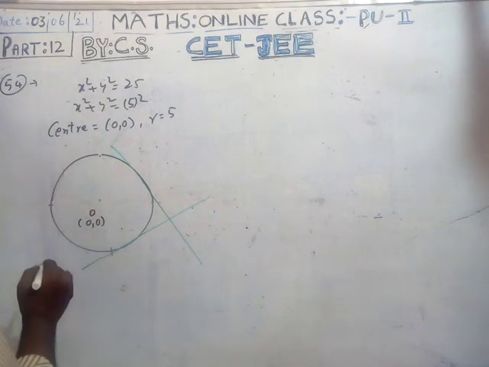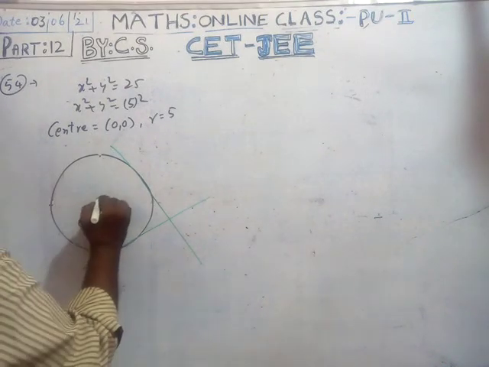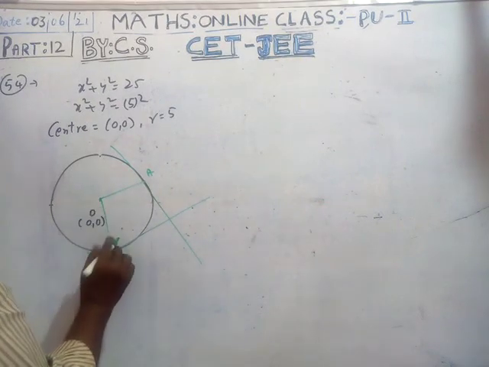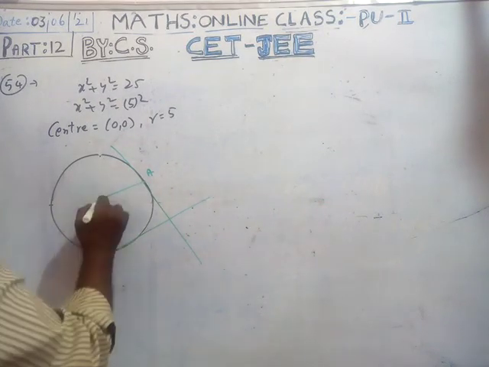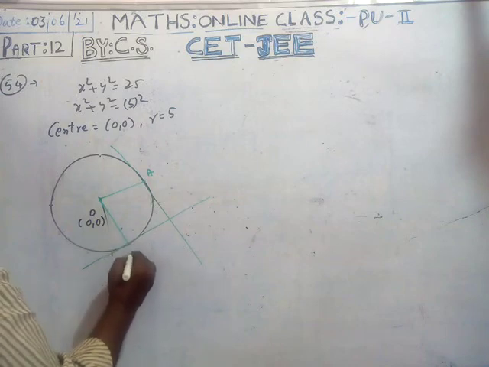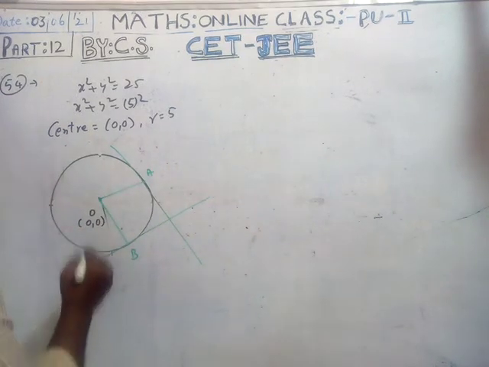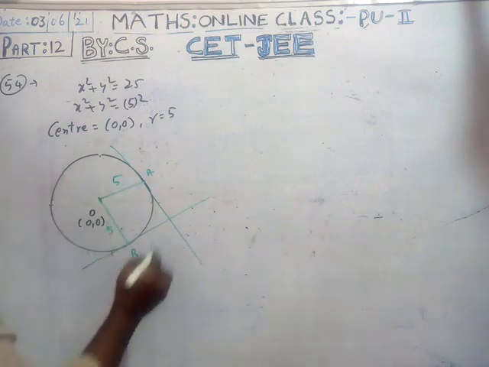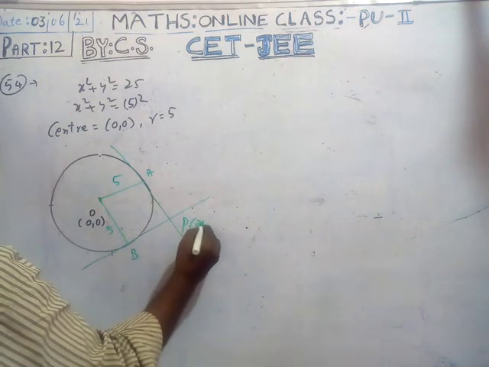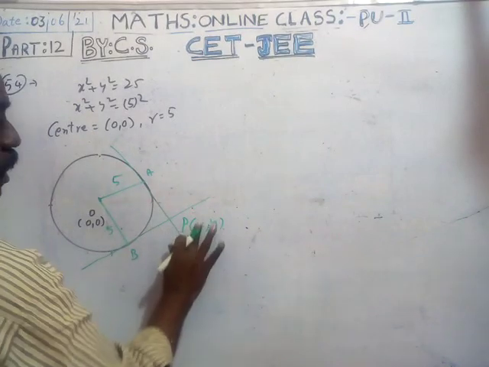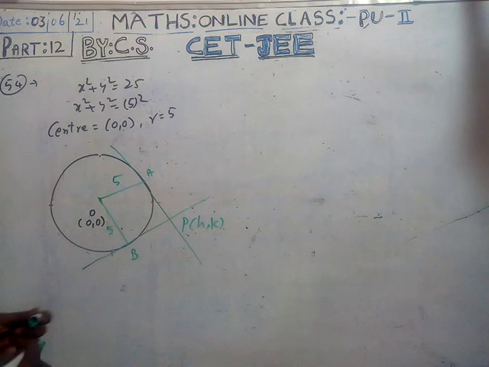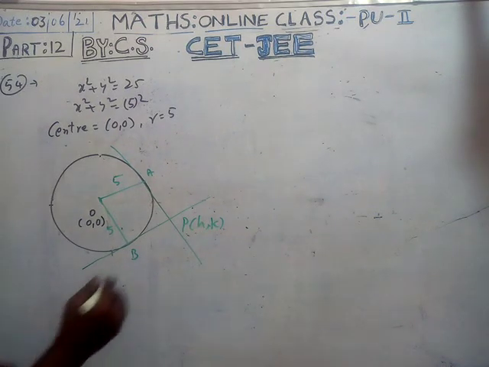It is the center. The point of contact, let it be A. The point of contact, let it be B. This is B, this is A. Here the radius is 5. And here is the point x comma y, or we take h comma k, the point of intersection of the tangents which are at a right angle.